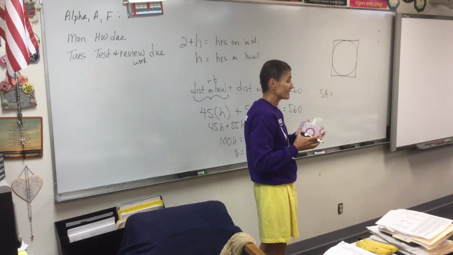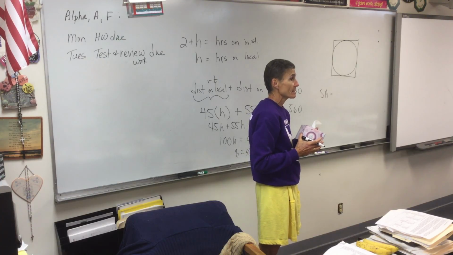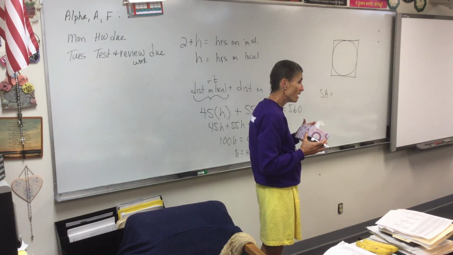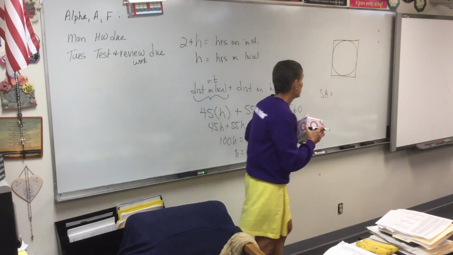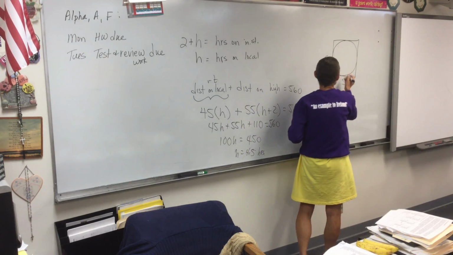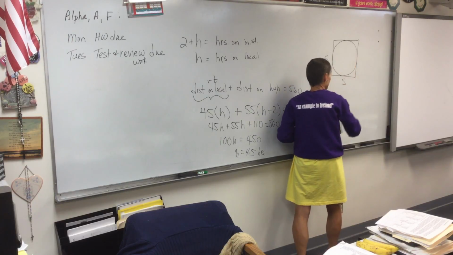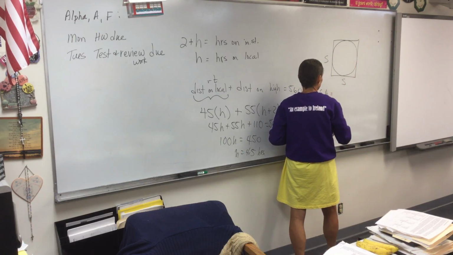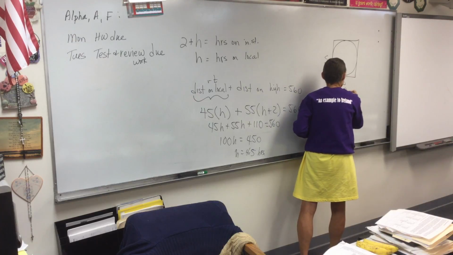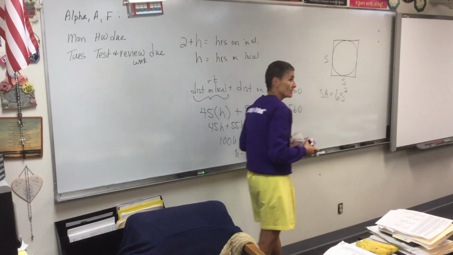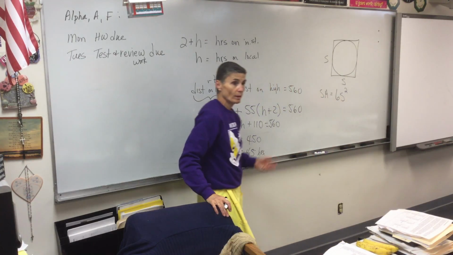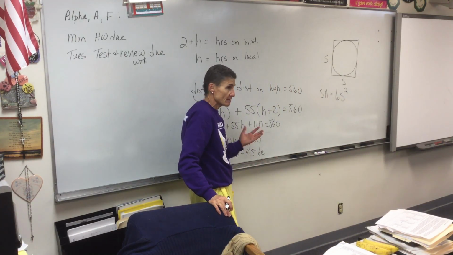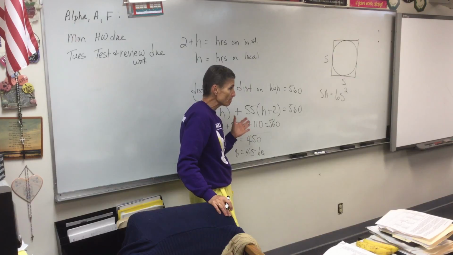So a cube has how many sides? 6. And since it's a cube, they're all equal. They're all squares, right? So what would be the area of this side of the cube? S squared, and there's 6 of those. So the surface area of the cube is 6s squared. Does that make sense to you? That's very simple, right?